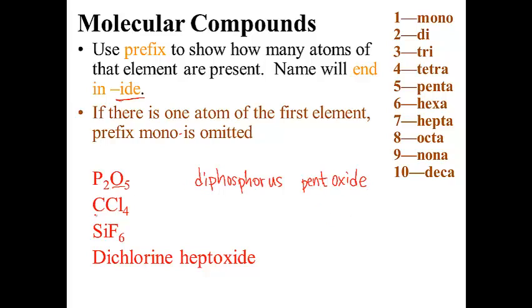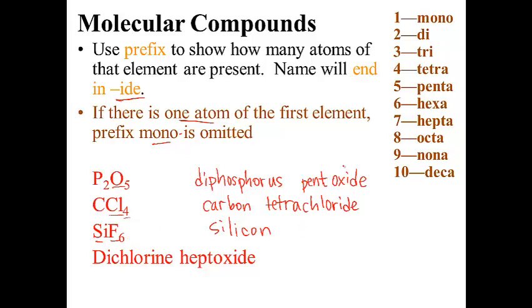All right, carbon is the first element, and there's only one. This is where we have this rule. If there's only one atom, mono is omitted. So you say carbon. Next, we have 4, which would be tetra. And this is chlorine, but we have to name it with an IDE suffix. Here we have silicon, and this is fluorine.